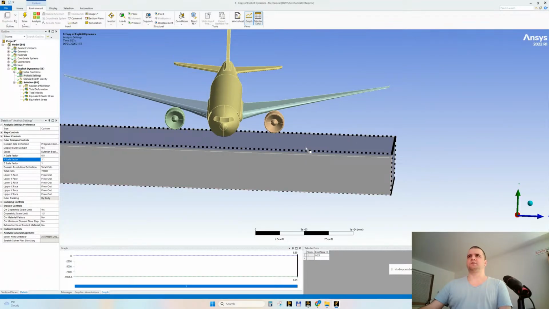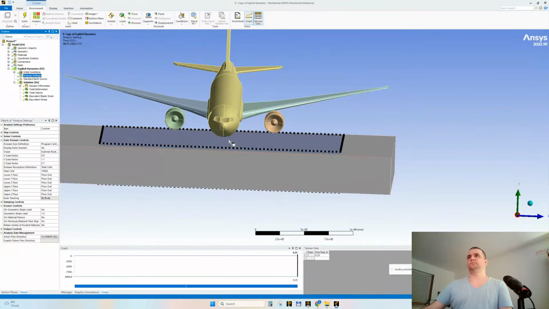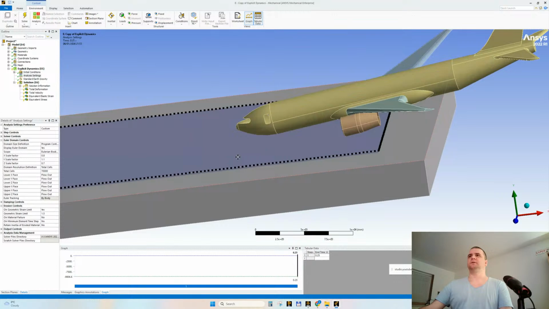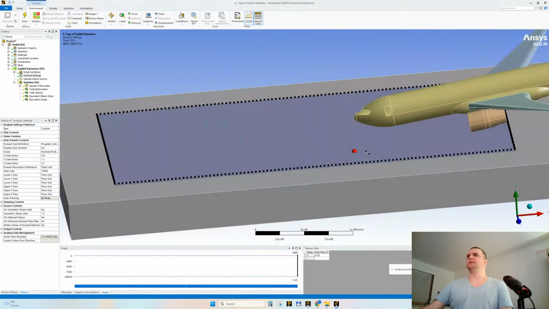Let's decrease also on the z-axis, to have something like this. This is the useful amount of water, and instead of 70, let's make them 40,000, yes?